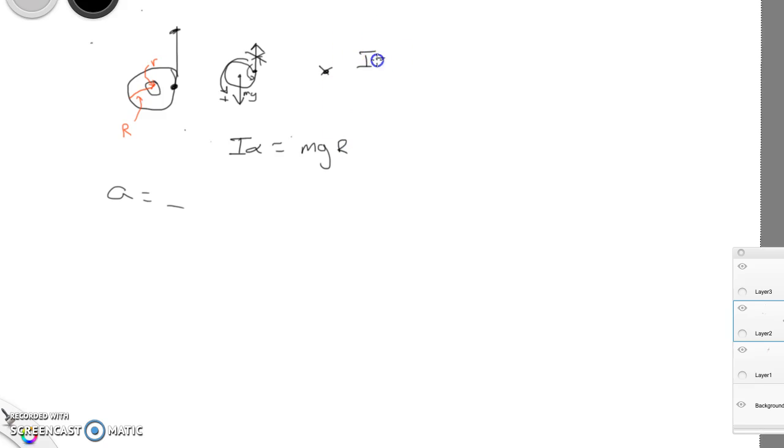The moment of inertia for the toilet paper roll is going to be the moment of inertia for a tube plus mh squared. We're using this because this is the center of mass and it's rotating at this point. So I for a tube is going to be 1/2 times m times little r squared plus big R squared.